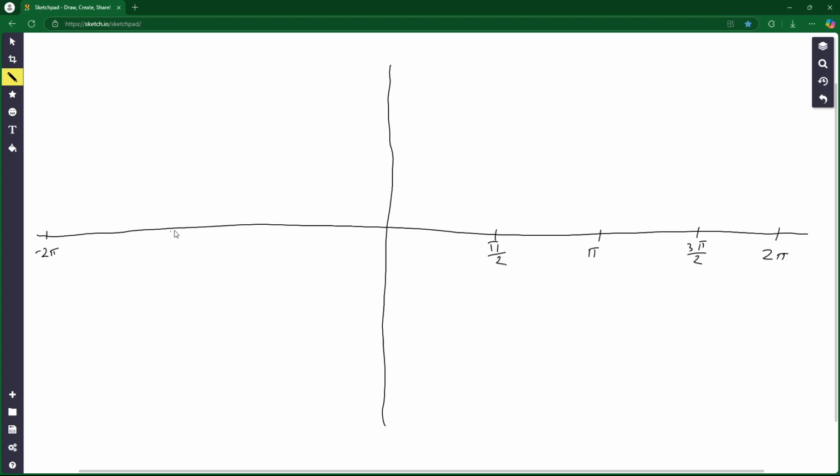Negative 2 pi, negative pi, negative 3 pi over 2, negative pi over 2. And then this is just going to be our 0. And then this usually goes up 1, 2, 3, and then goes down negative 1, negative 2, negative 3.